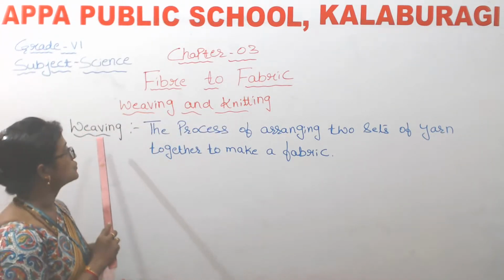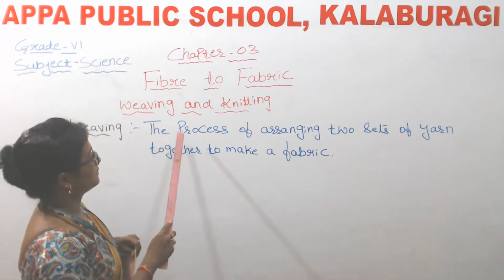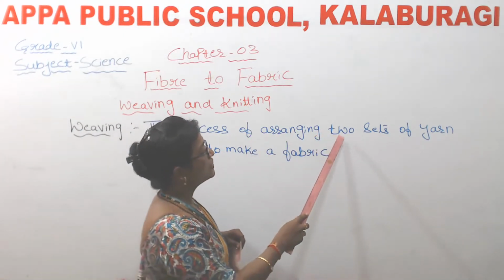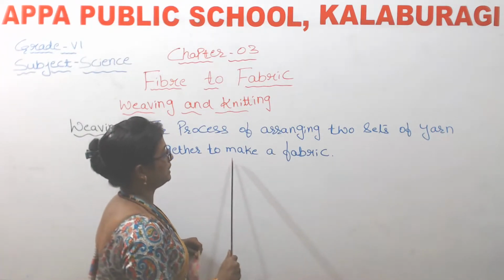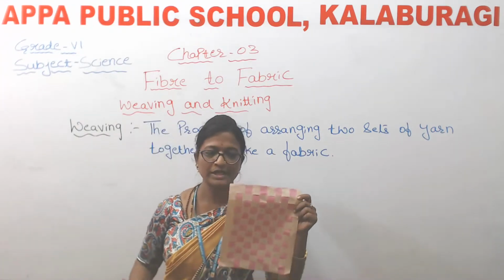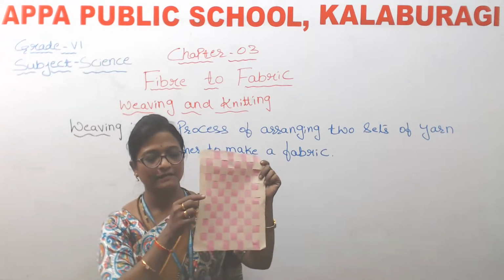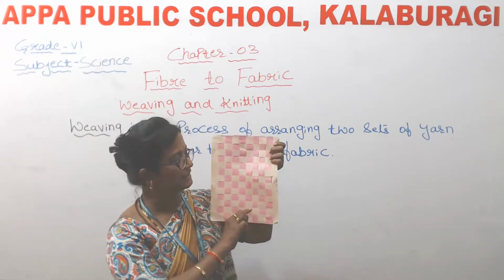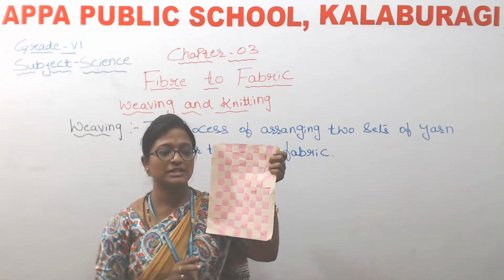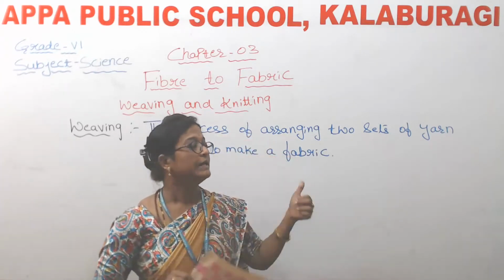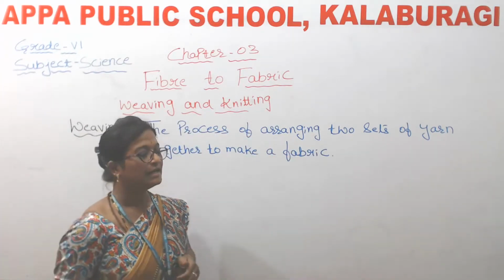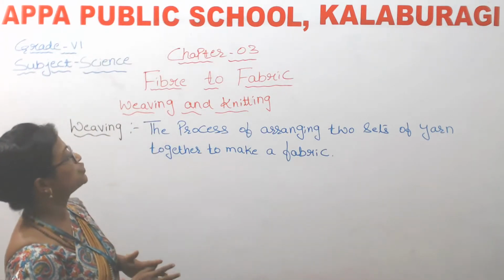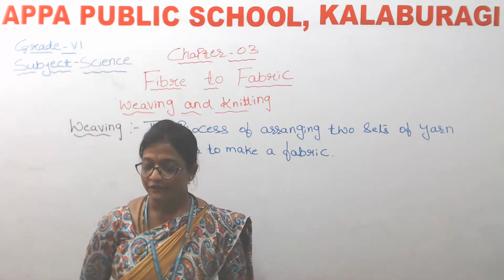By weaving. Weaving means the process of arranging two sets of yarn together to make a fabric. This is how weaving can be done, here using two sets of paper, like two sets of yarn, arranged together to make a piece of fabric.